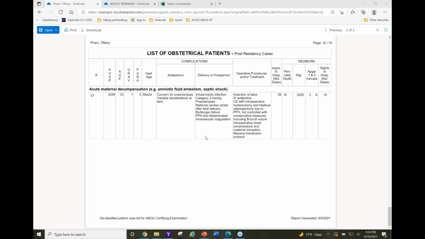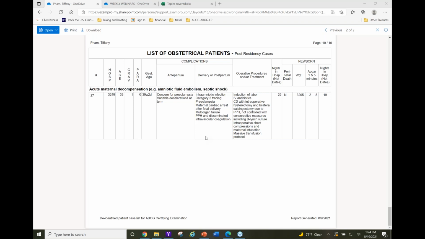Potentially an amniotic fluid embolism. However, patients who bleed out a lot, and she did have a postpartum hemorrhage, can have cardiac arrest from that. She also did have an intra-amniotic infection, which could potentially have progressed to sepsis and caused cardiac arrest as well.